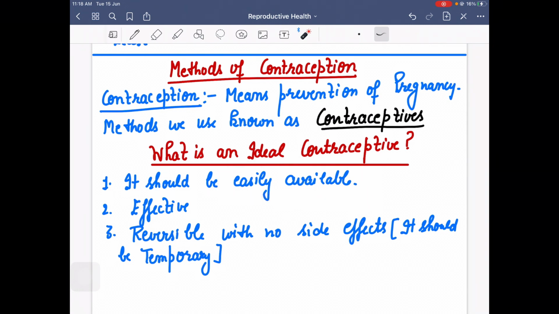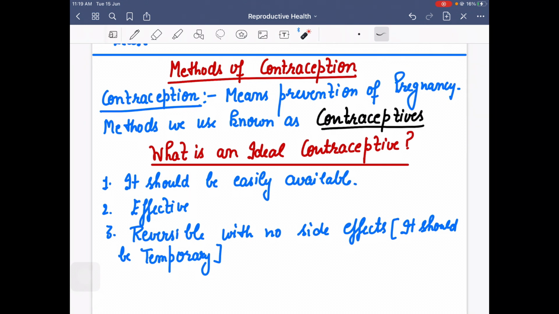So an ideal contraceptive is one which is easily available, right? That is always a person's first priority. Second, if a person is using it, it should be properly effective. There should be no side effects, right?